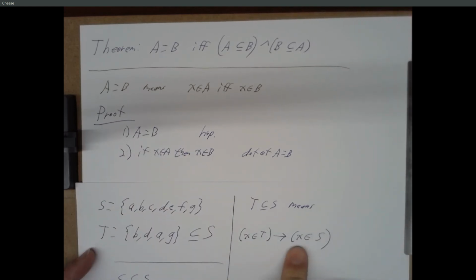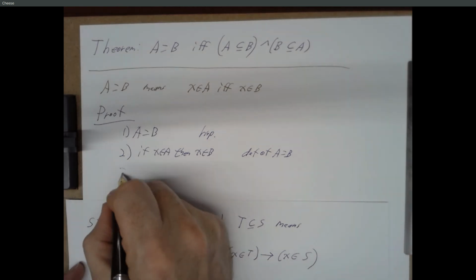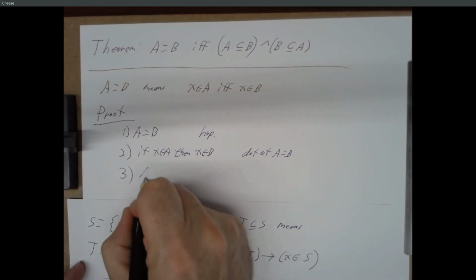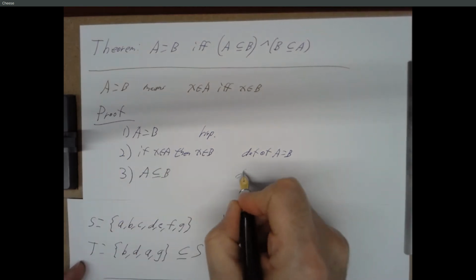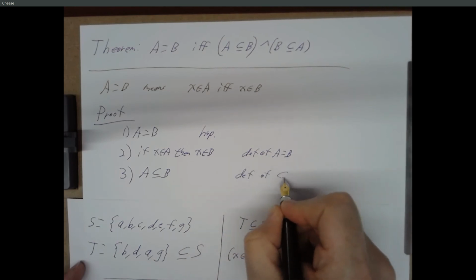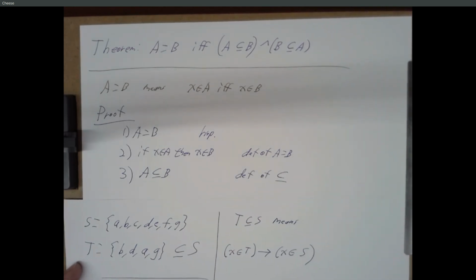So if A is equal to B, we know if X is in A, then X is in B. Well, that's the definition of a subset. That if-then statement means A is a subset of B. That's the definition of this subset symbol.